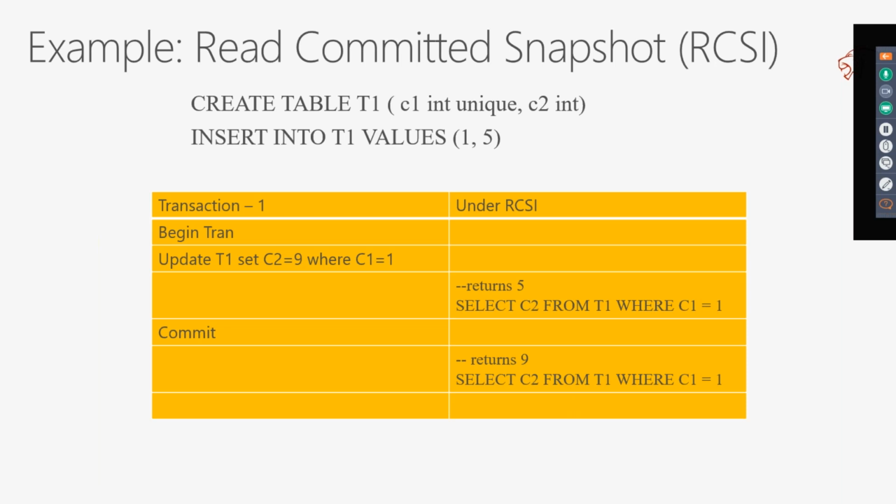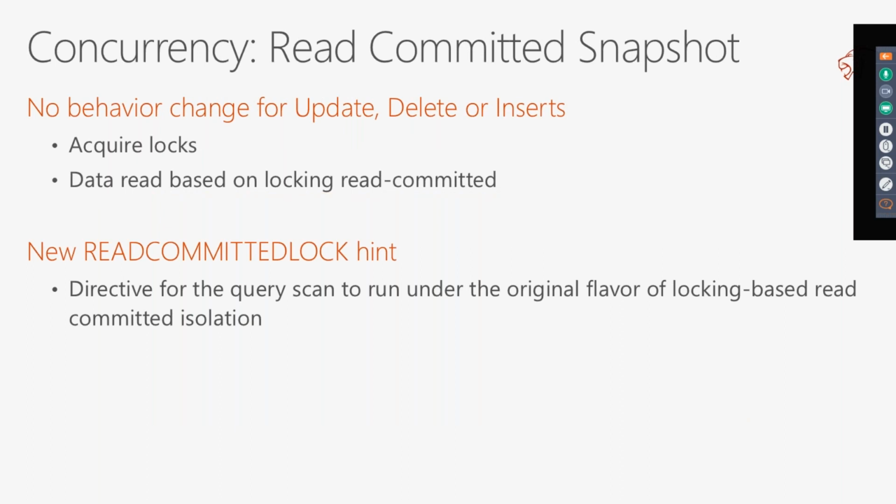I got confused there. The original one was red and then it was changed to blue, so now I get blue. So this is RCSI, read committed snapshot, at the statement level. Now I'm going to show the same thing under snapshot isolation, okay?